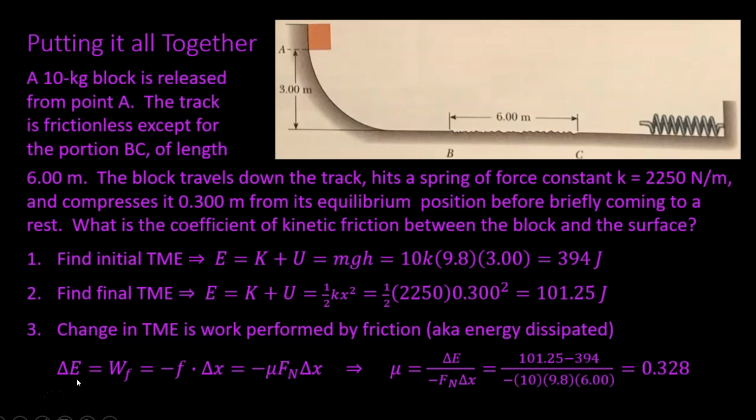We can take our energy equation and rearrange it to find the coefficient of friction, because our change in energy is equal to the work performed by the friction force. That's going to be negative the friction force times the displacement, which is negative the coefficient of friction times the normal force times the displacement. We rearrange that to find the coefficient of friction. We plug in our numbers and we find that the coefficient of friction is 0.328.